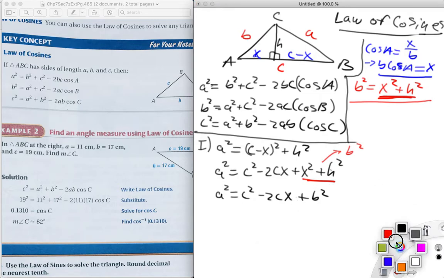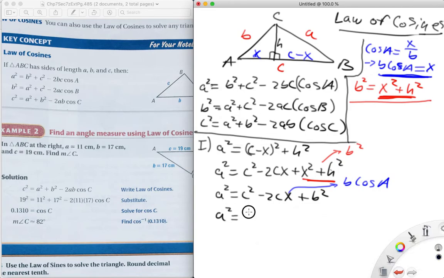And I also have up here that x is equal to b times cosine of a. So for this x over here, I can substitute b cosine of a. So I'm going to say next that a squared equals c squared minus 2cb cosine of a plus b squared.